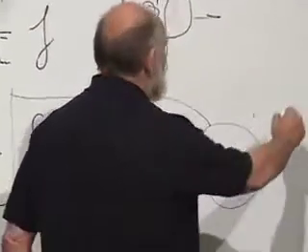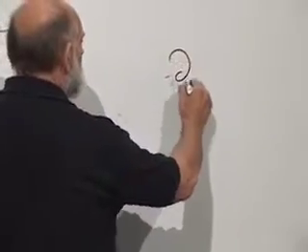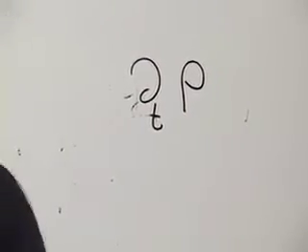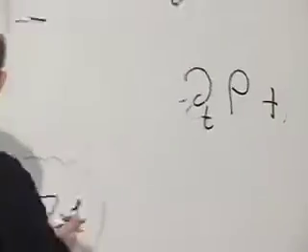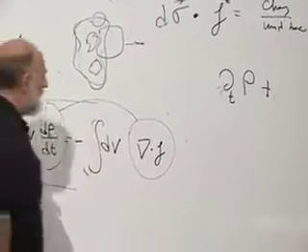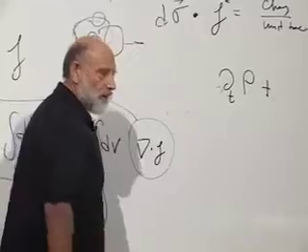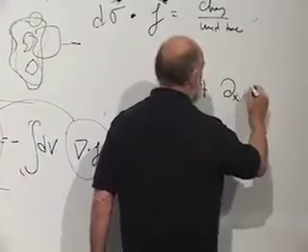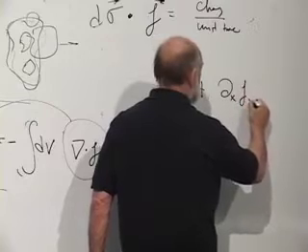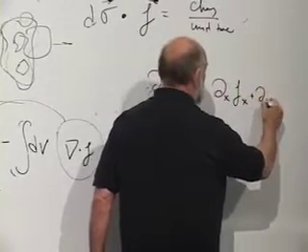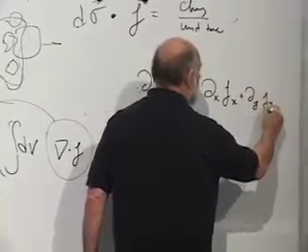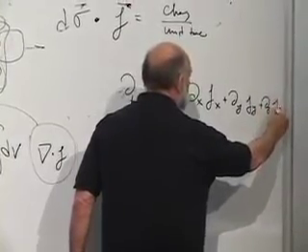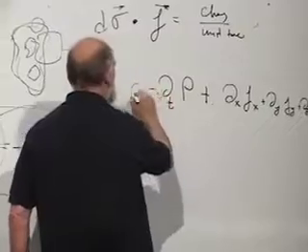It says that the derivative with respect to time of the charge density, plus, bringing everything over to the left-hand side, the divergence of the current, let's write that out: derivative with respect to x of j sub x plus derivative with respect to y of j sub y plus derivative with respect to z of j sub z equals 0.